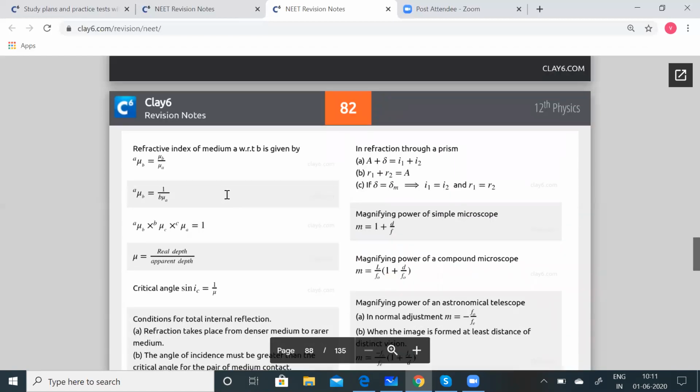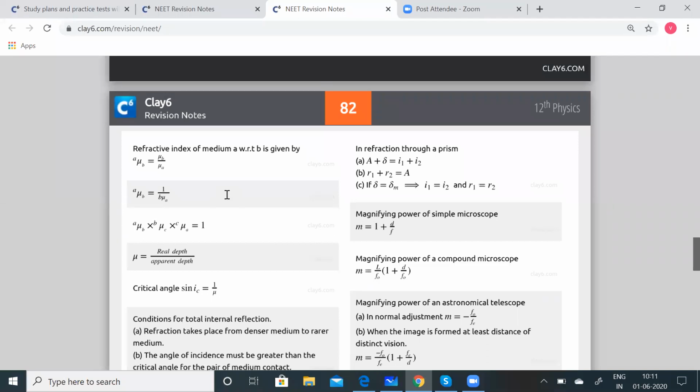In refraction through a prism, A plus delta is equal to I1 plus I2. Now you know a prism has two refracting surfaces. So A is the angle of the prism, and delta is the angle of minimum deviation, and I1, I2 are the angles of incidence on the two refracting surfaces.